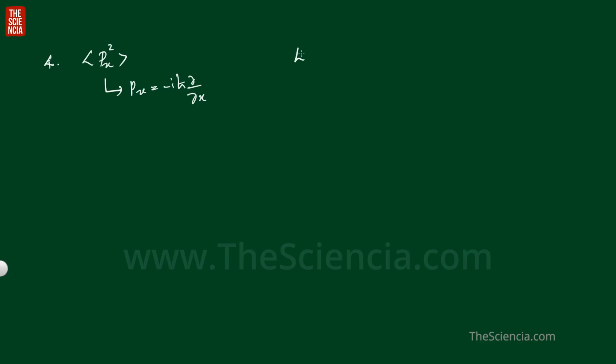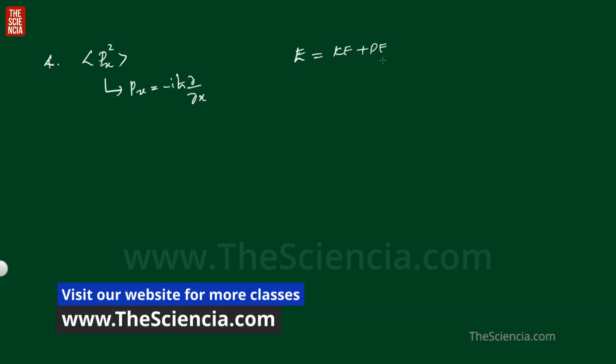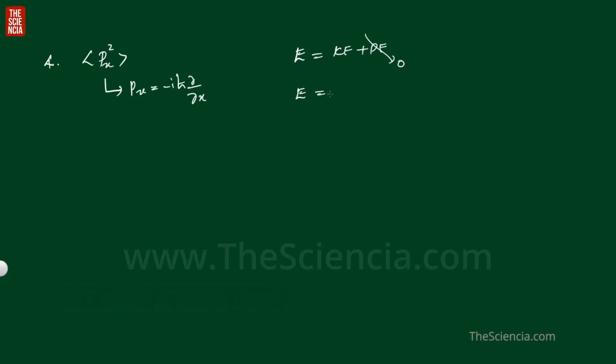We know the energy is equal to kinetic energy plus potential energy. Here we are dealing with a free particle, that is the potential energy of the particle is 0, that is E equal to kinetic energy, and kinetic energy can be written as p square by 2m.